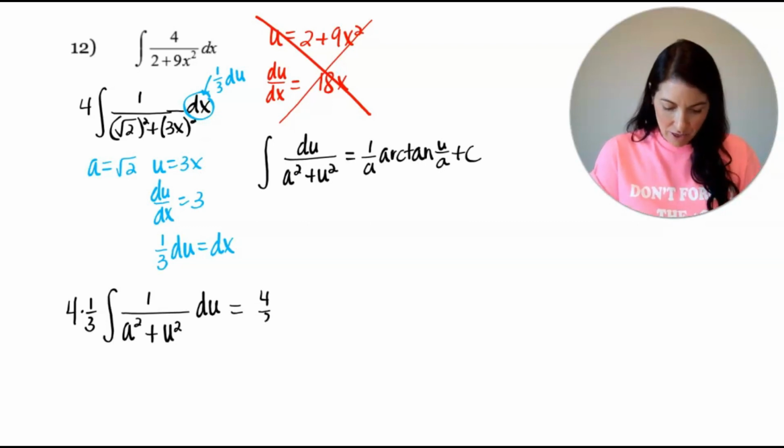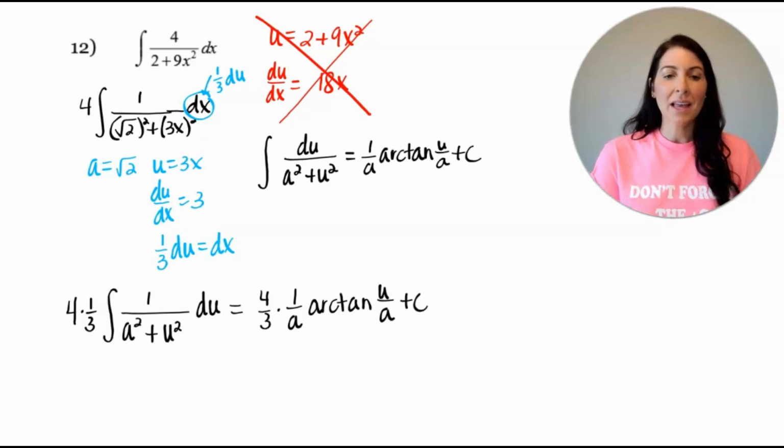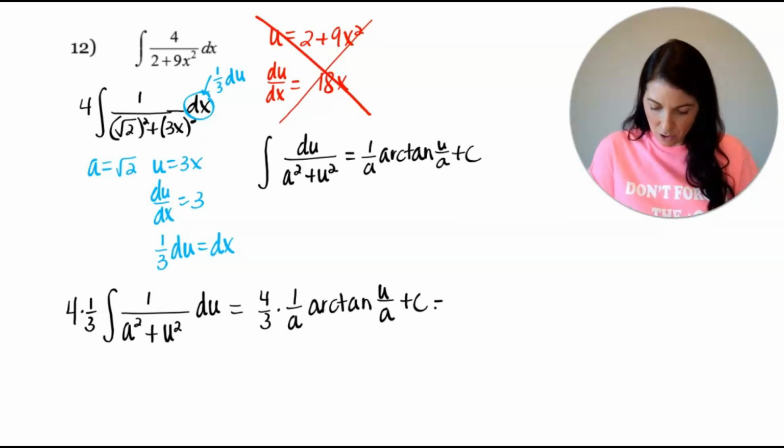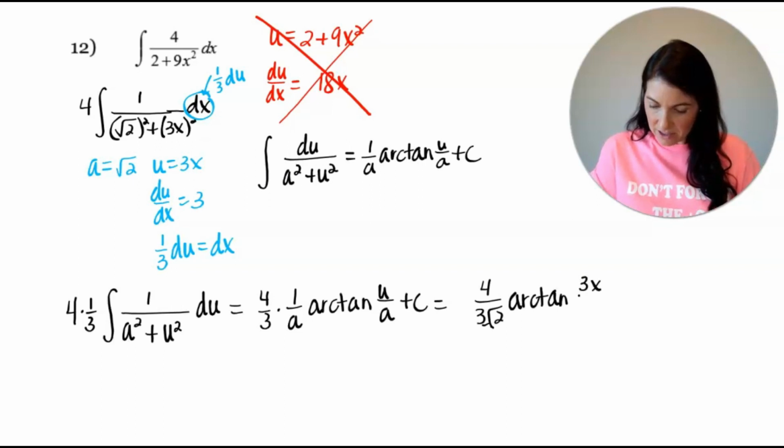And now this would be an integral that would produce an arctangent function. So I would have 4/3 times 1 over a arctangent of u over a plus c. Let's plug back in our a and plug back in our u, and you would have 4 over 3 root 2 times arctangent of 3x divided by root 2 plus c.